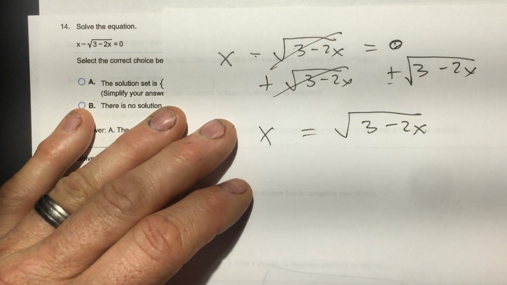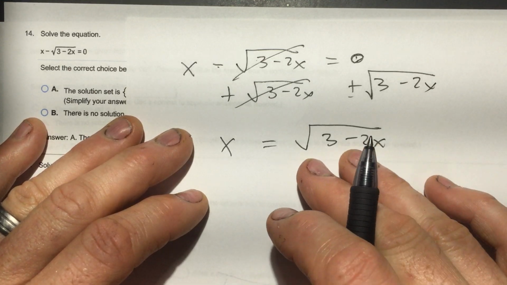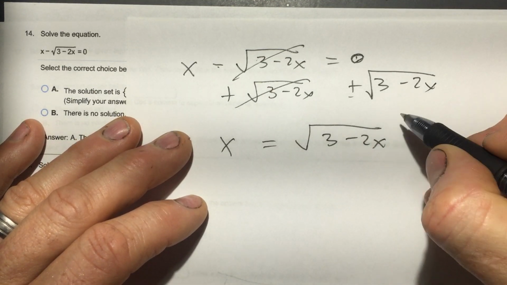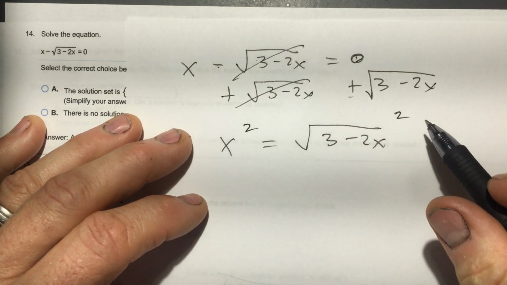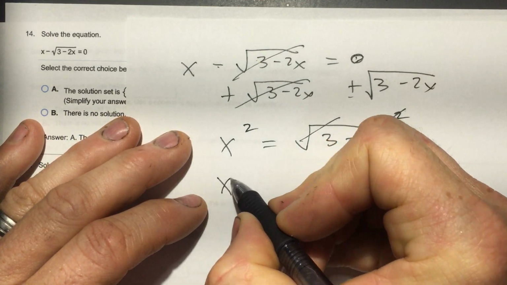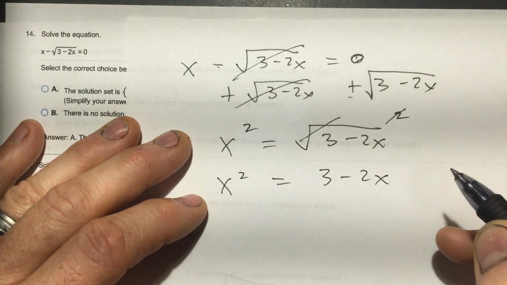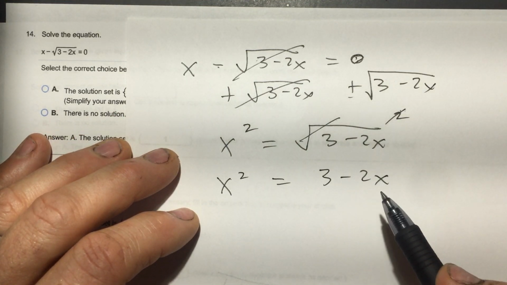Okay? And now, once I have my radical isolated, which means it's all by itself, then I can square both sides. And when I square this, it cancels my radical. So I have x squared over here equals 3 minus 2x. And the square cancels the radical, so I just have the 3 minus 2x.